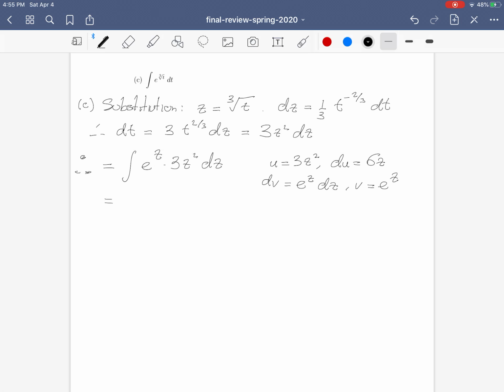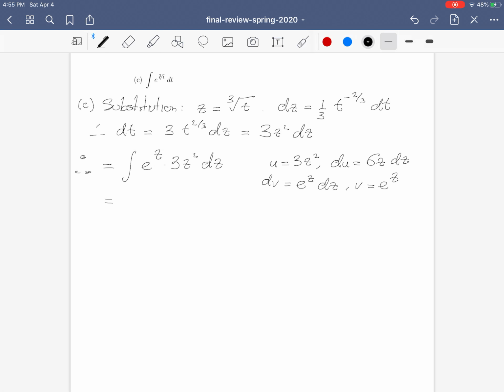Hopefully you're all familiar with this now. We're following the general idea that when we integrate by parts, we want to take u so that when we differentiate, our du becomes simpler. So here we go from z squared to z up to constants, and when we integrate v, things get no more complicated. So here we go from e to the z to e to the z.